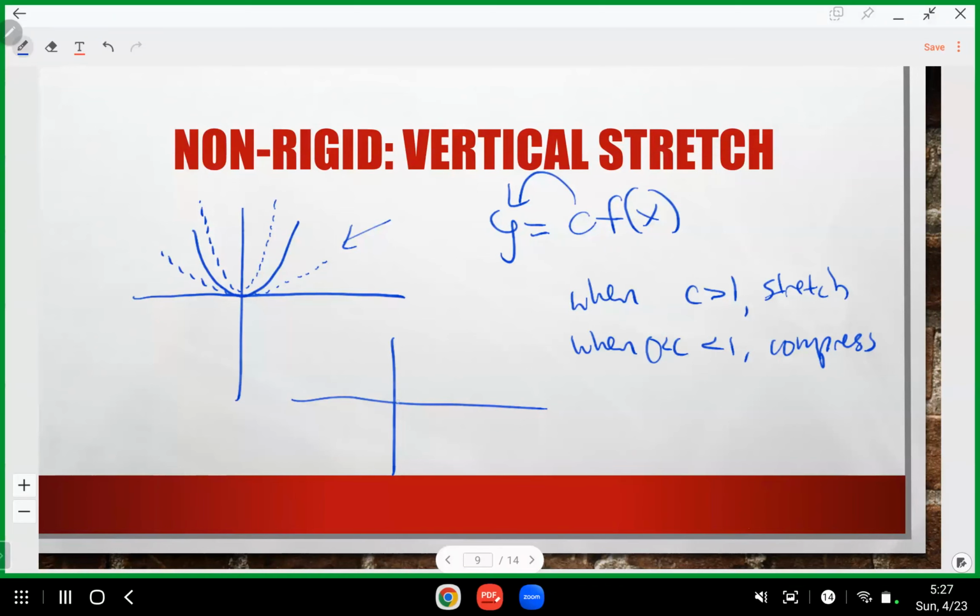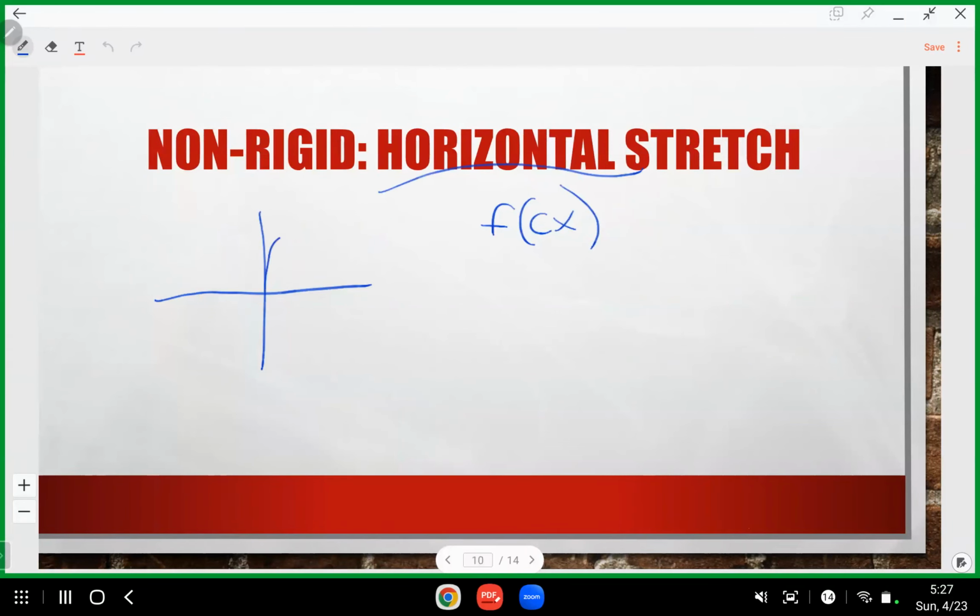Instead, if we have something like this, you can see the vertical stretch, something like this, or like this. Horizontal stretch, if we use the same thing, it's going to become wider, like this. Yeah, or like this.